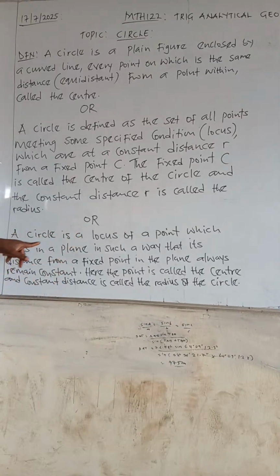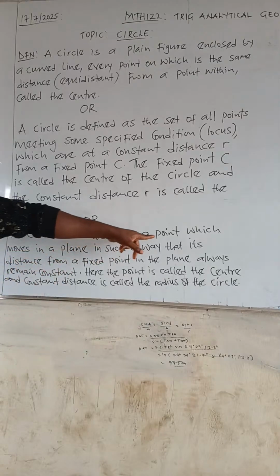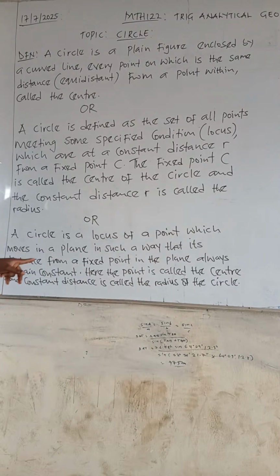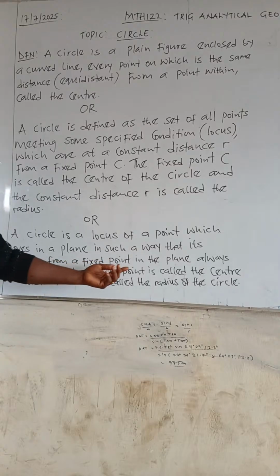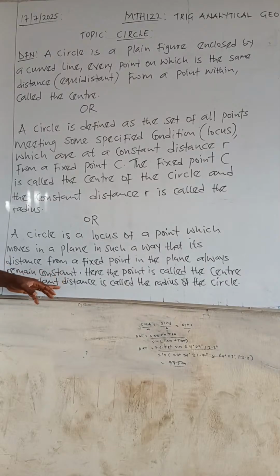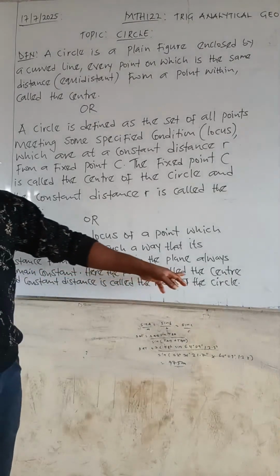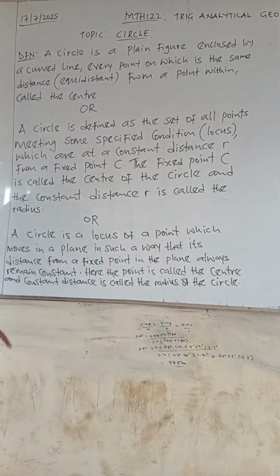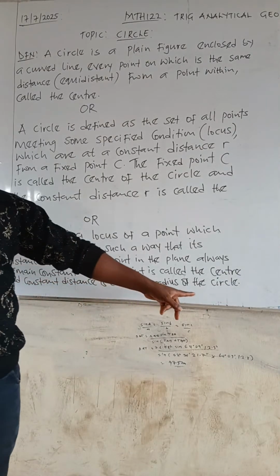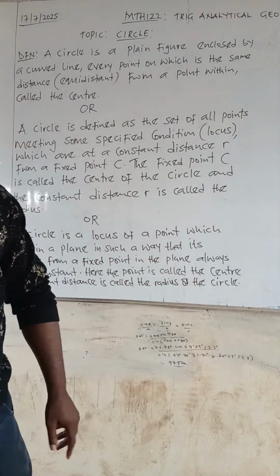Or a circle is a locus of a point which moves in the plane in such a way that its distance from a fixed point in the plane always remains constant. Here the point is called the center, and the constant distance is called the radius of the circle.